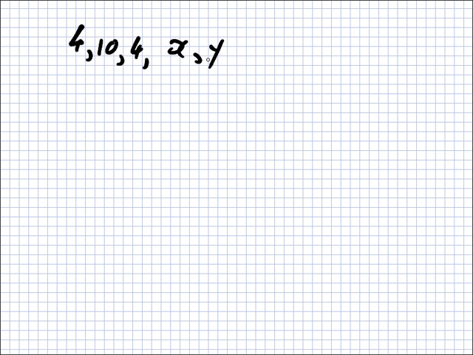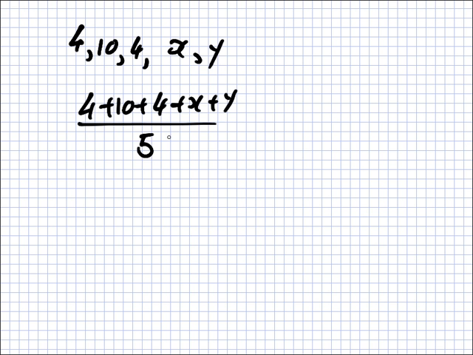Now I tell you the mean is 6.4. So that means 4 plus 10 plus 4 plus x plus y over 5 equals 6.4, which is 32 if you multiply by 5.